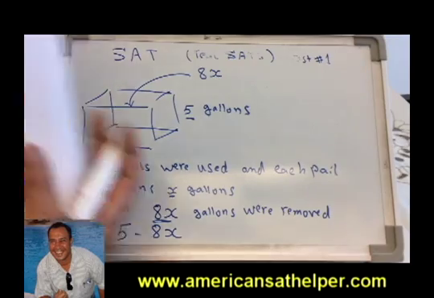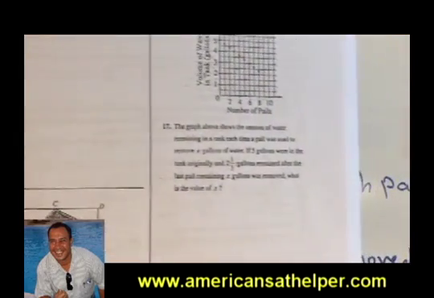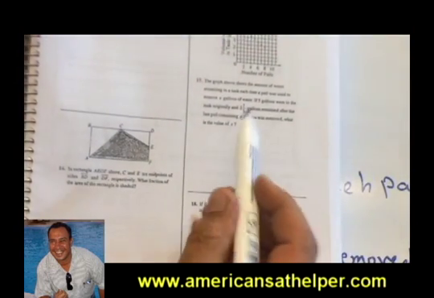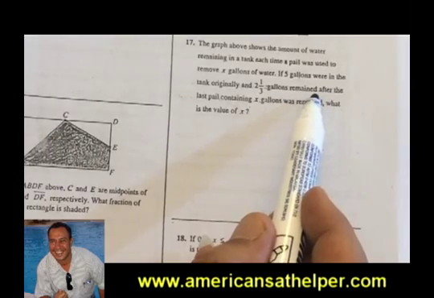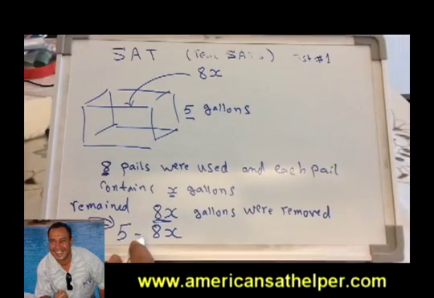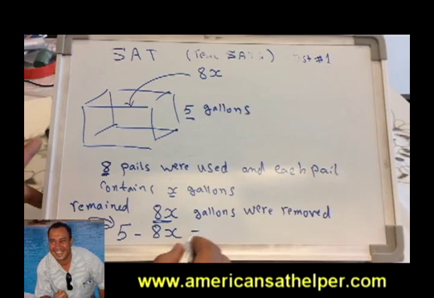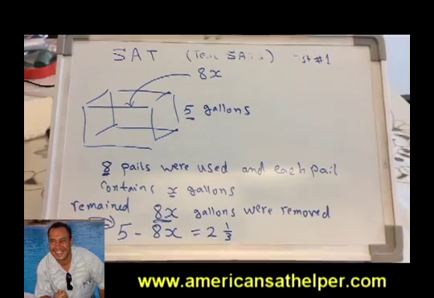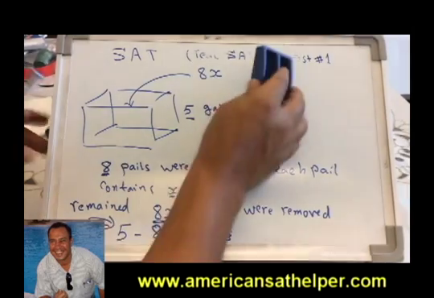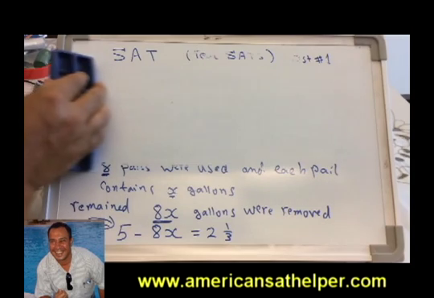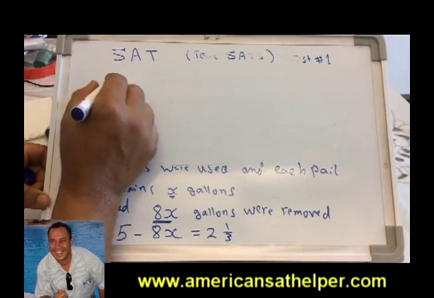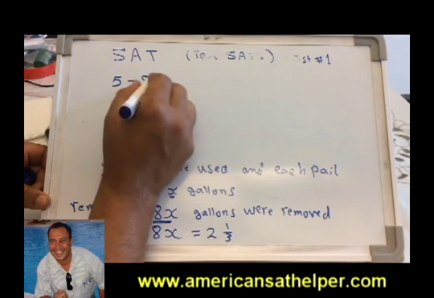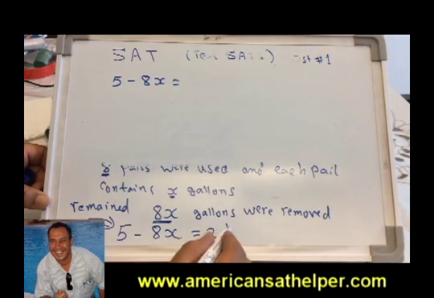And he said in the problem that 2 1/3 gallons remained. This means this quantity equals 2 1/3. Now let's solve this equation. The equation says 5 minus 8x equals 2 1/3.